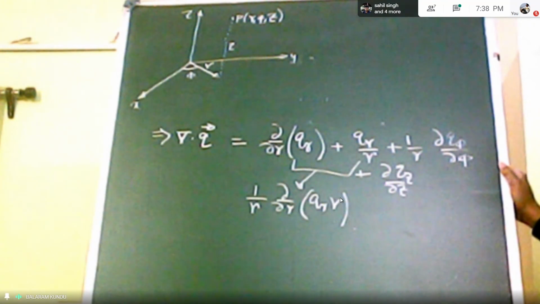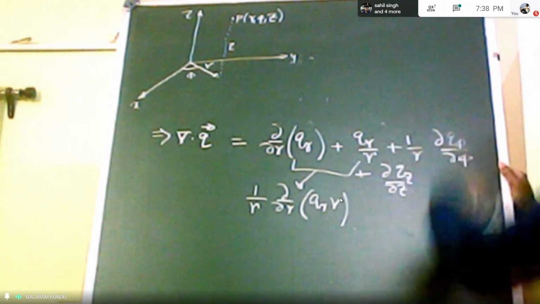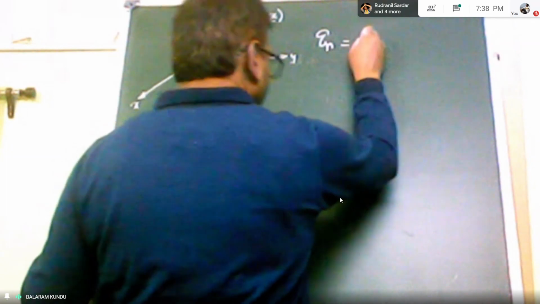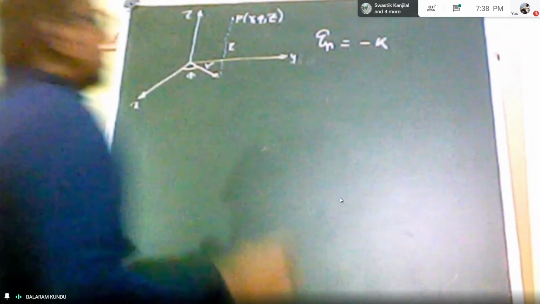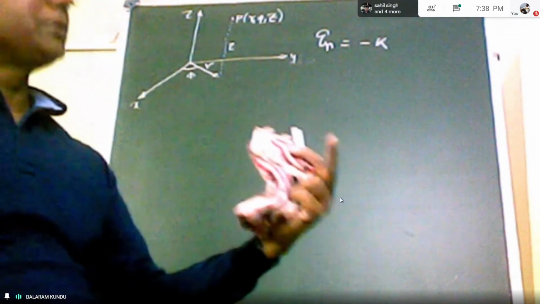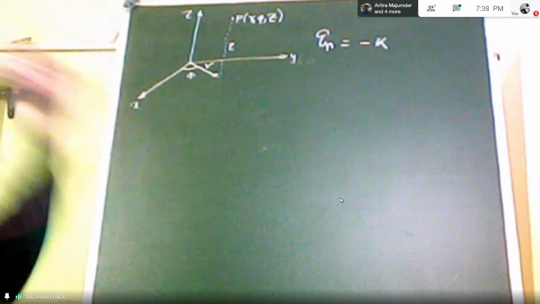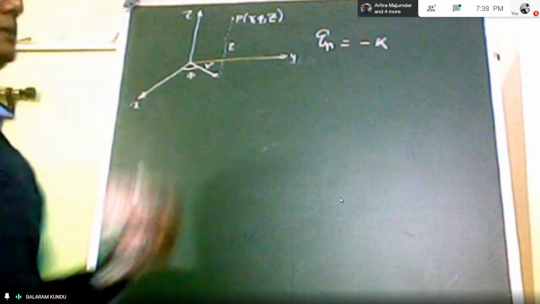Now for grad dot q, where q_r, q_phi and q_z are the components. From Fourier's law of heat conduction, the heat flux in the r direction is q_r equal to minus k into the temperature gradient in the r direction, del T by del r.